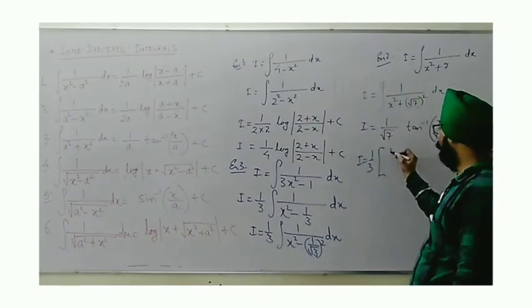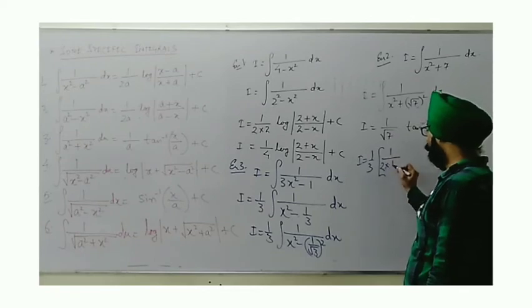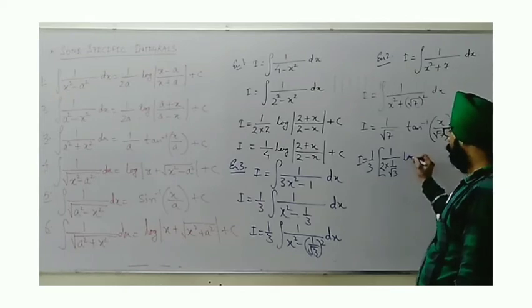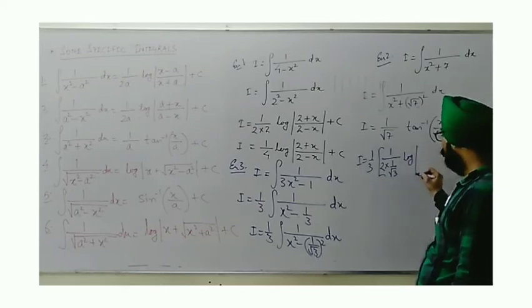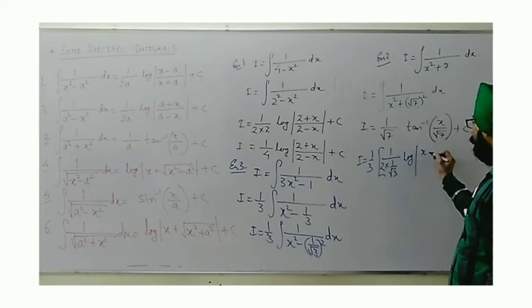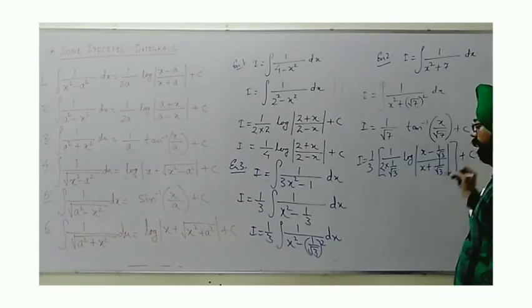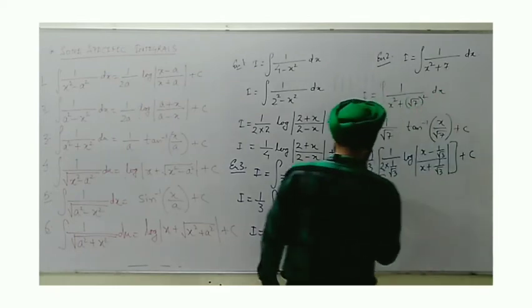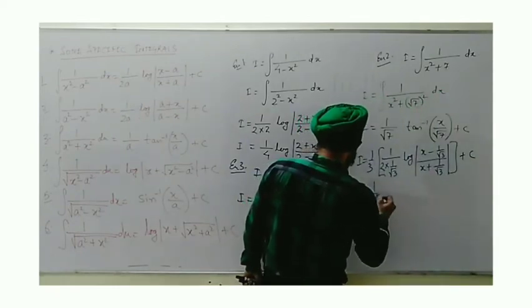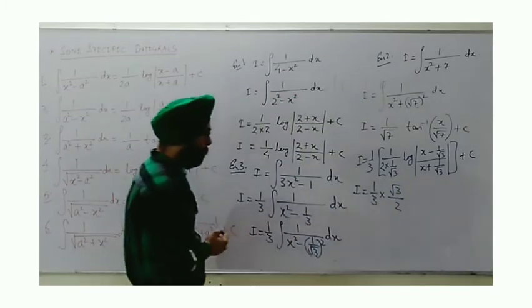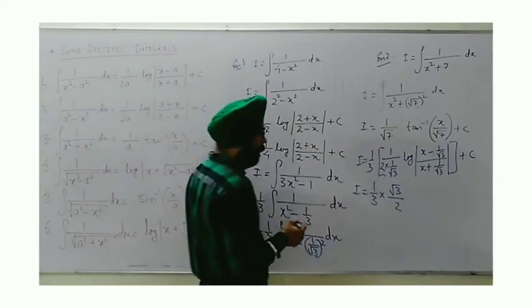1 upon 2a means 1 upon 2 into 1 by root 3, then log of x minus a, means x minus 1 by root 3, upon x plus 1 by root 3, whole, plus c. The only thing we need is to simplify. We get it like 1 by 3 into root 3 by 2, root 3 by 2.